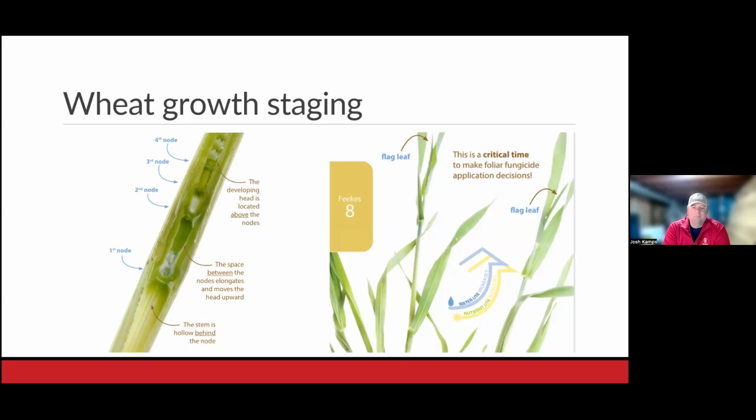If you're helping to advise some of that, connect with our specialists at UW-Madison, be looking for some of that information. This isn't an every year kind of recommendation, but this is kind of that timing to protect that flag leaf, which really helps with the yield potential of that small grain plant.